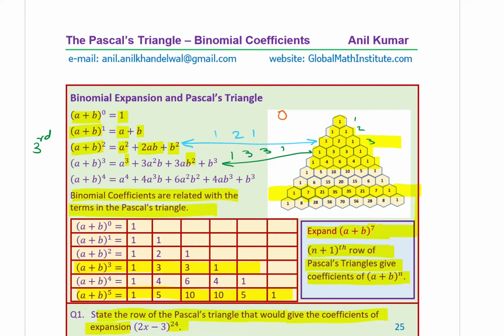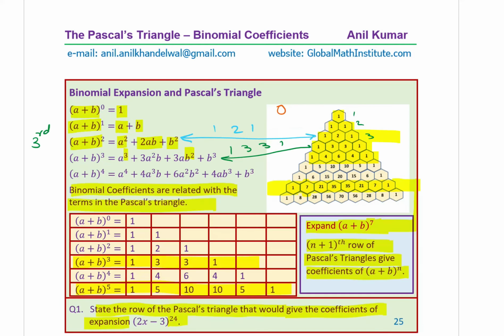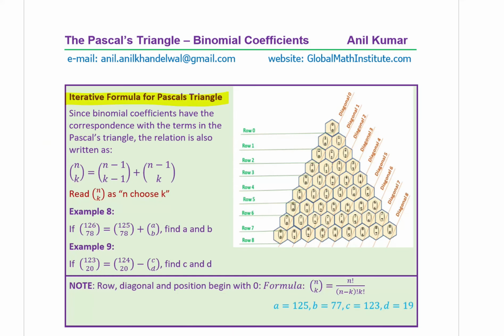Okay. Example 9. We're now talking about the iterative formula for Pascal's triangle. We also introduced the binomial coefficients, which are written in the form nCr, n choose r. Since the binomial coefficients correspond to the terms in Pascal's triangle, the relation is written with nCk instead of term numbers.